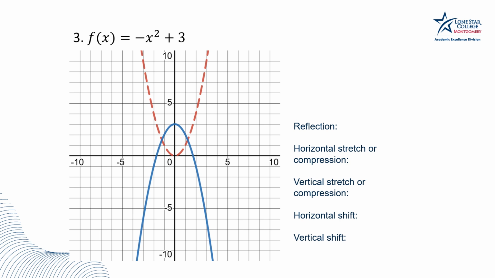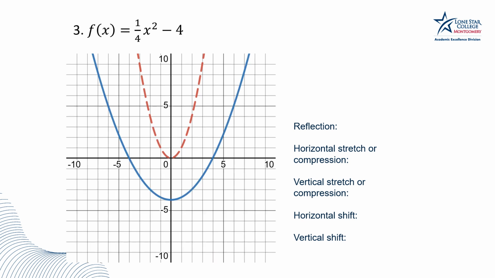That means when x is -1, y is 2. Same thing when x is equal to 1: negative (1) squared plus 3, which gives you -1 plus 3, which gives you 2 again. So this time your parabola is pointing downward, like so, as opposed to upward on the parent function.